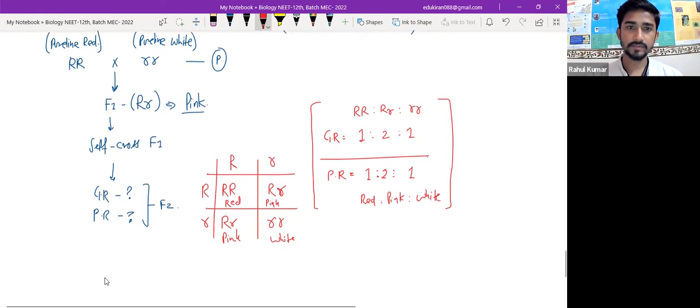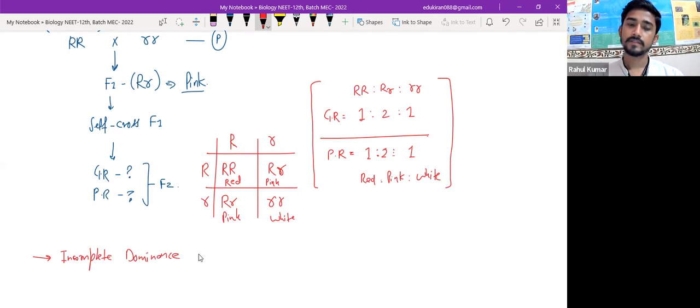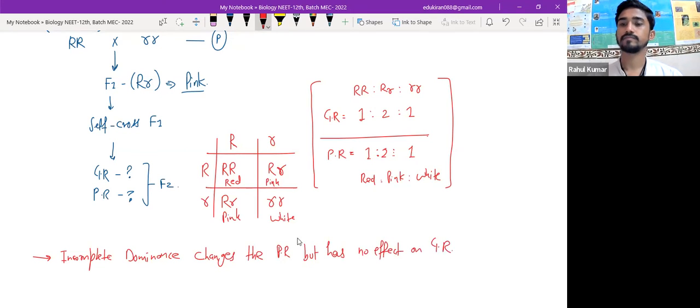Incomplete dominance changes the phenotypic ratio but has no effect on genotypic ratio.